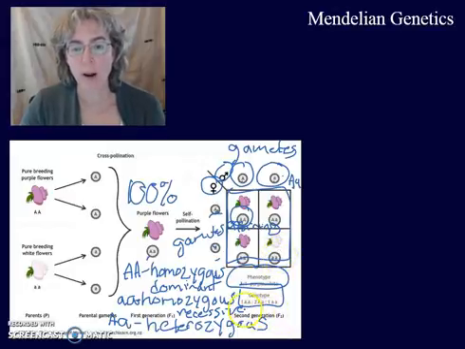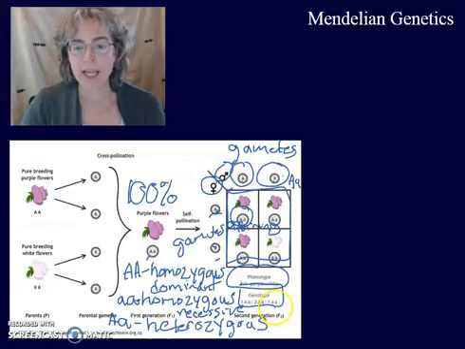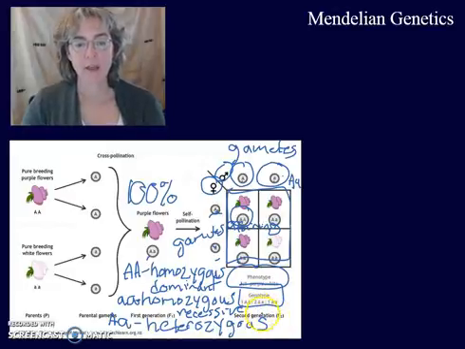And so our big A is called homozygous dominant. Our little a, since these are the same alleles, they're going to be homozygous recessive. And then big A, that's going to be heterozygous.